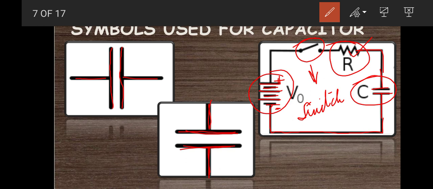Battery and switch are present in almost every circuit. So you have to just see which component is represented and which component has which symbol. All of these components have different symbols. We will discuss them in the next chapters as well. Here you can see a capacitor is used in this circuit with the symbol.